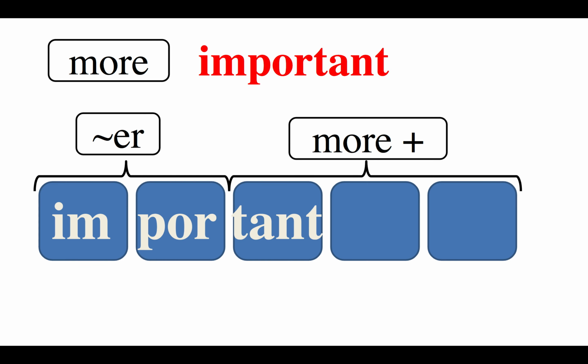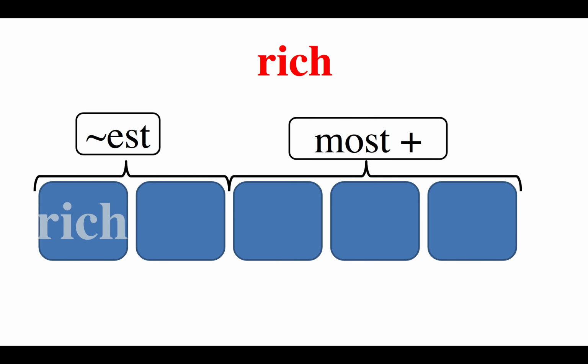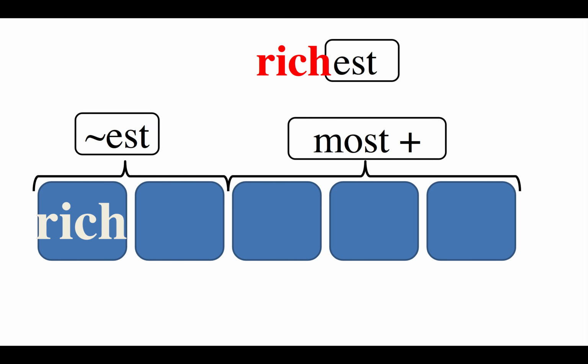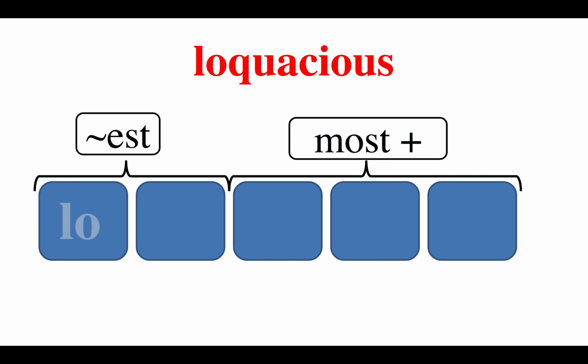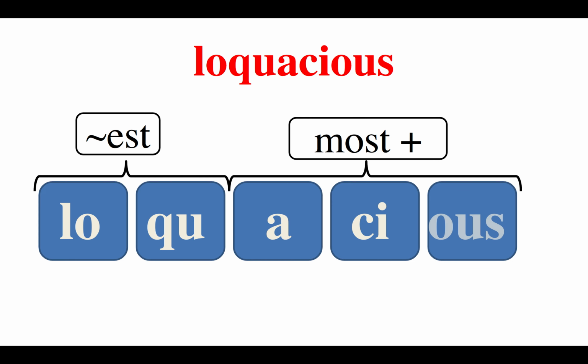Then we have rich. It's 1 syllable long, so we say richest. And tiny, it's 2 syllables long, so we say tiniest. And then we have loquacious. It's 5 syllables long, so we say most loquacious.